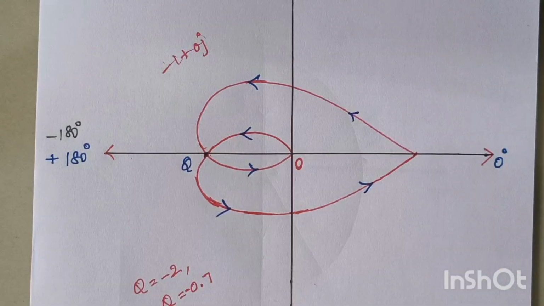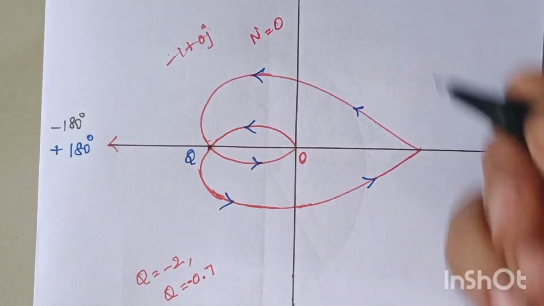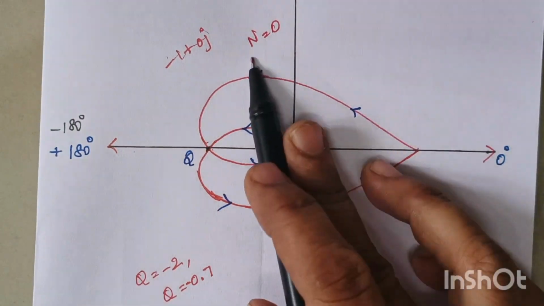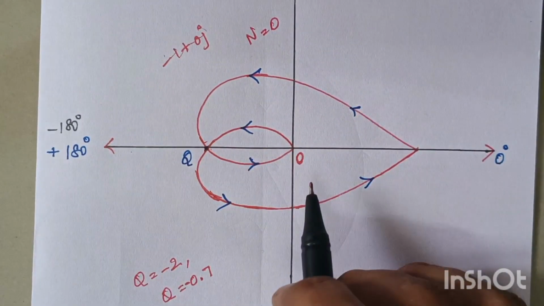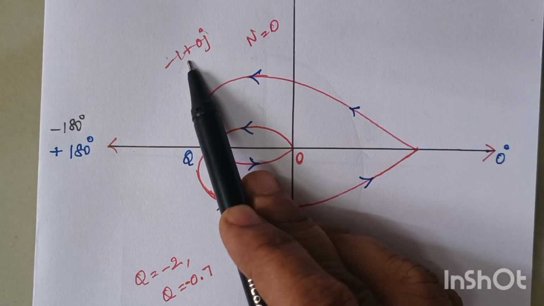So again consider the diagram. For example, let us assume the value of N is 0 for this problem. When the value of N is 0, what does it mean? This diagram should not encircle the point minus 1.